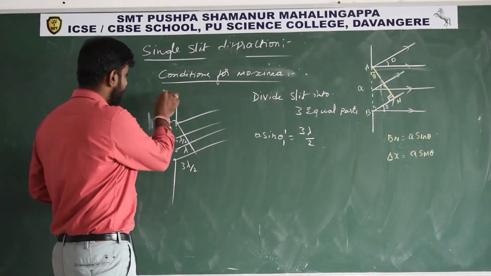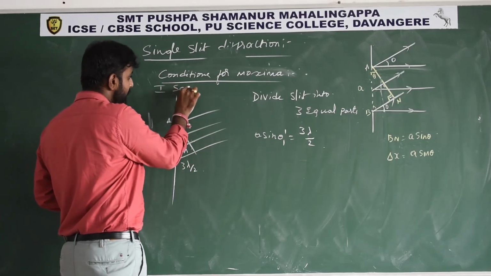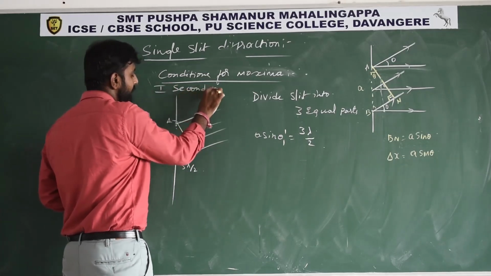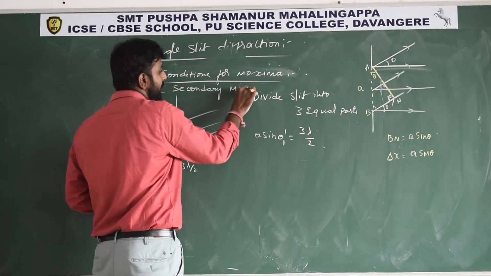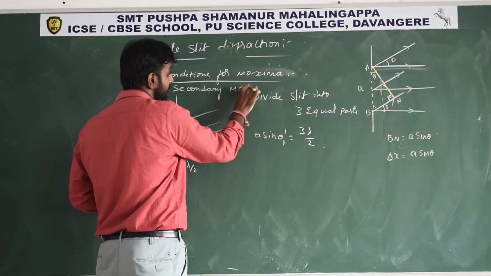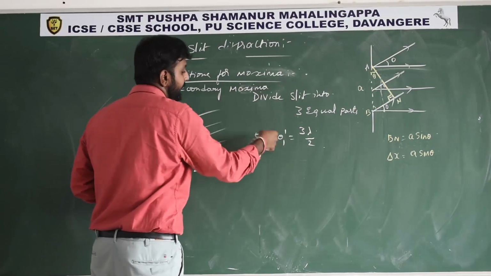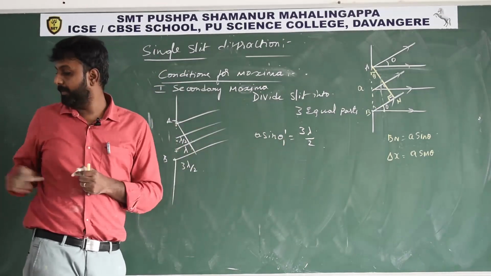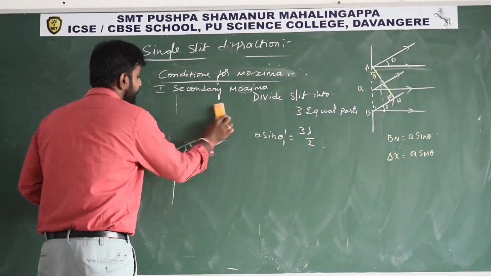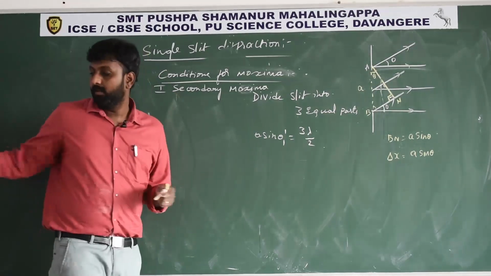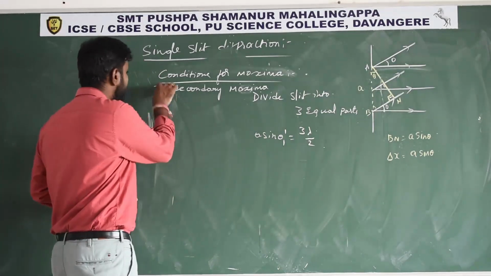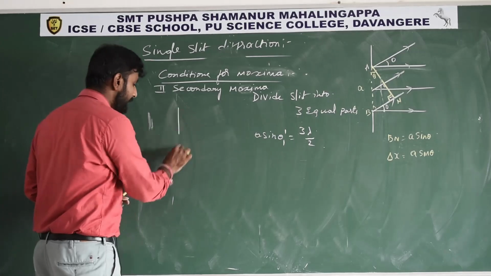This is the condition for first secondary maxima: a sin theta 1 is equal to 3 lambda by 2. Next, what you have to consider? That is the second secondary maxima. Again, a slit.